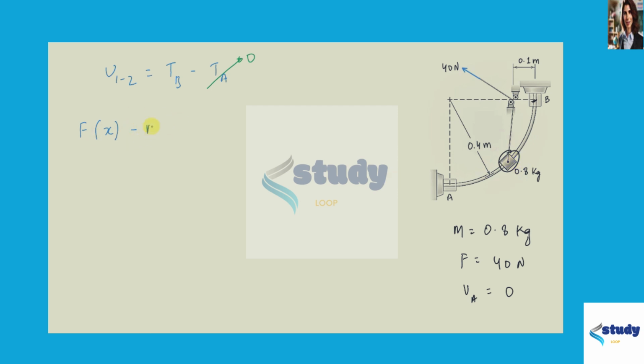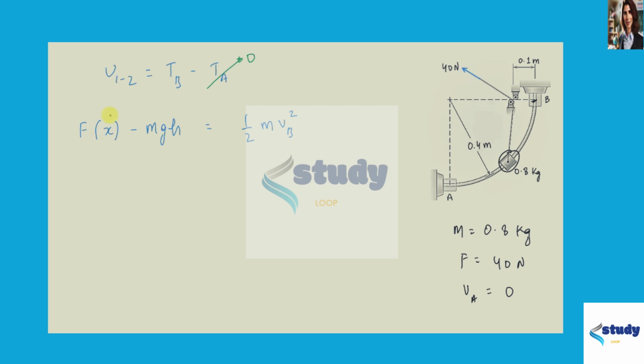So F x minus mgh, where h is the vertical displacement from point A to point B, is equal to 1 by 2 times the mass of the collar times the velocity squared at point B.